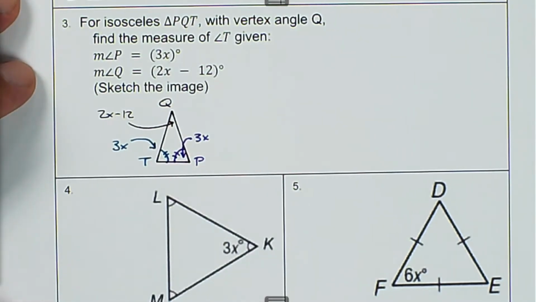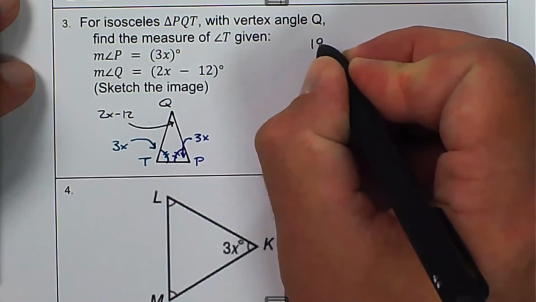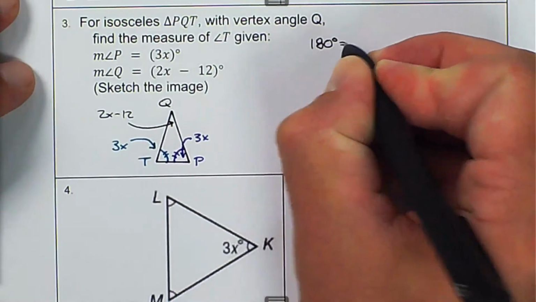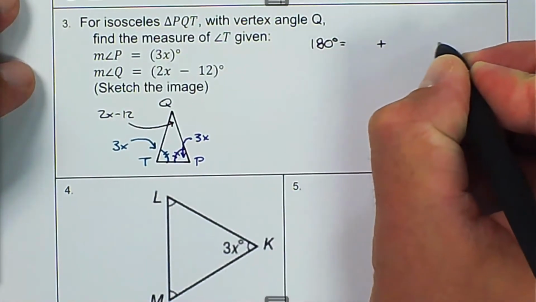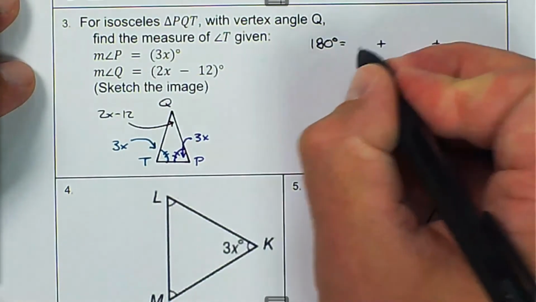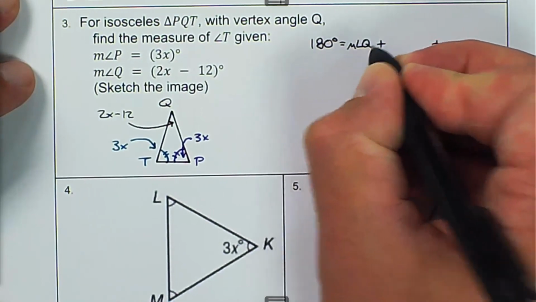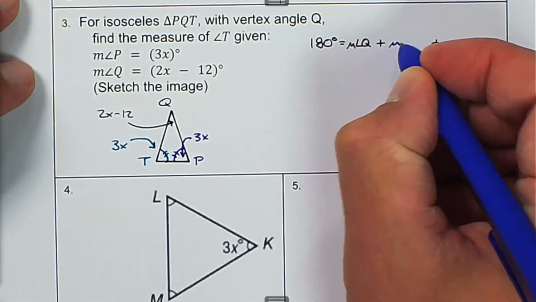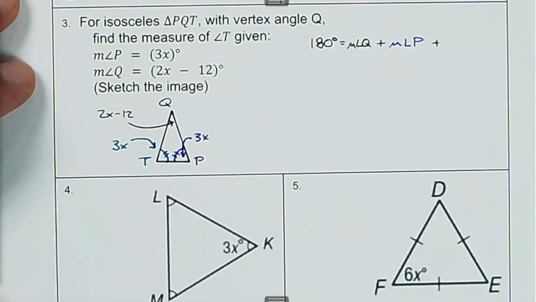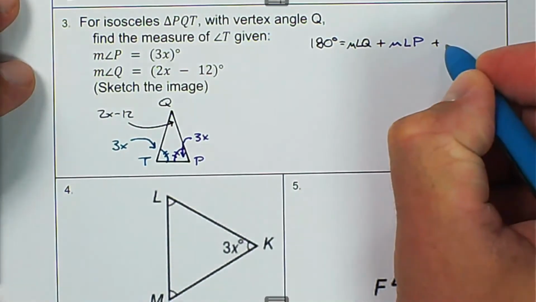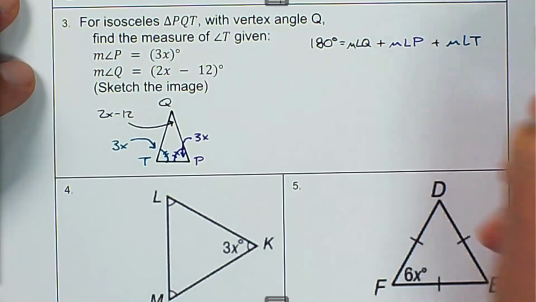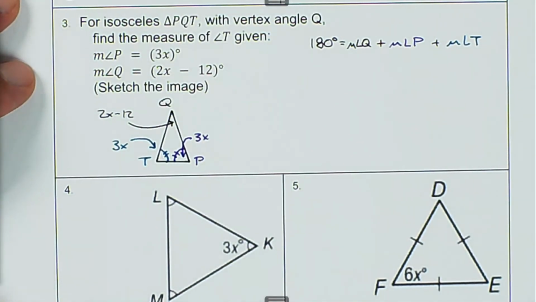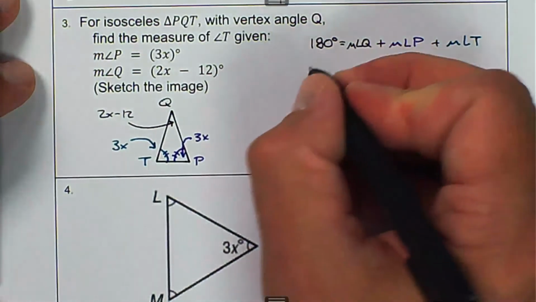Now we can use our triangle sum theorem, and it says 180 degrees is equal to all of the angles added together. So we have the measure of angle Q plus the measure of angle P plus the measure of angle T. Now we can substitute in those values and see what we get.